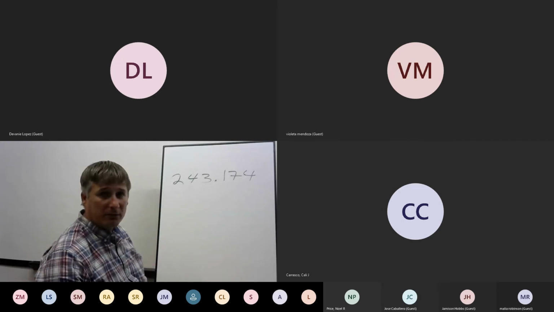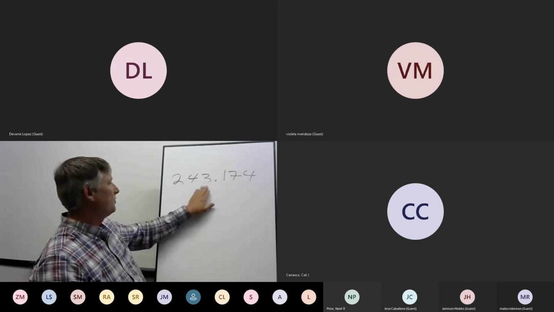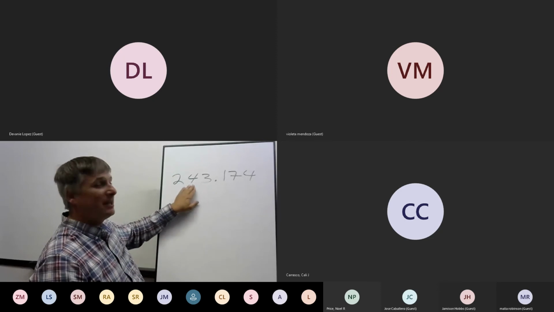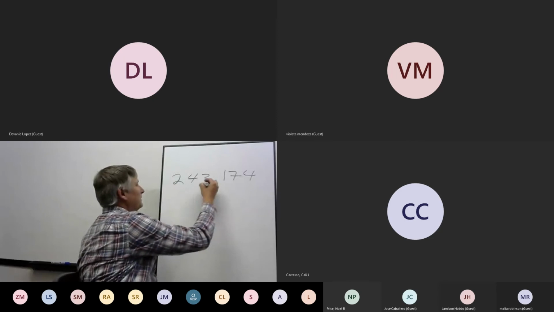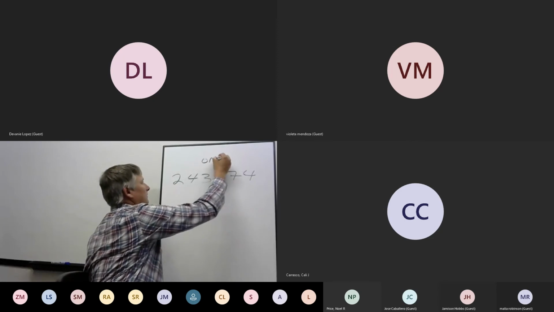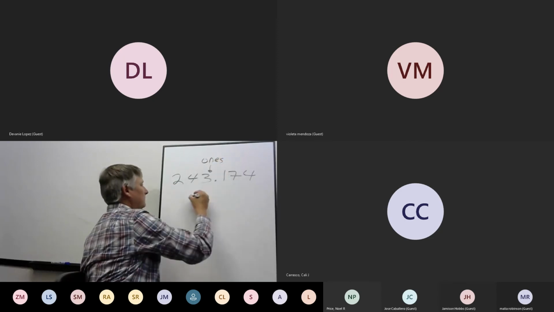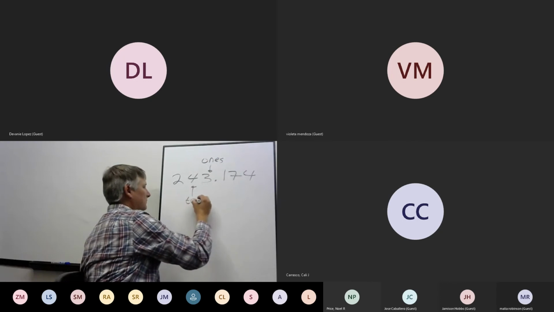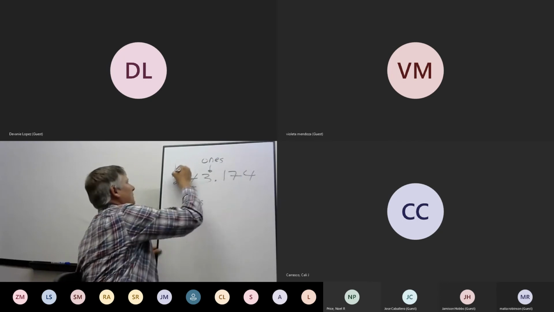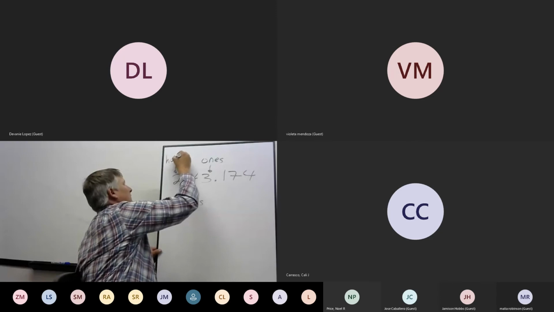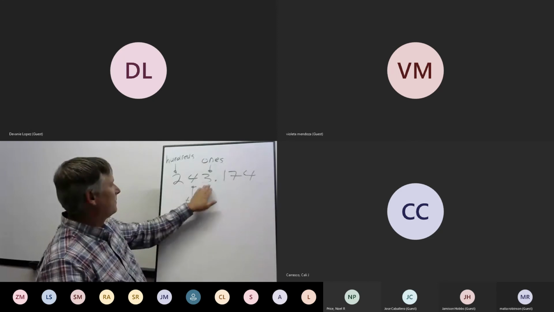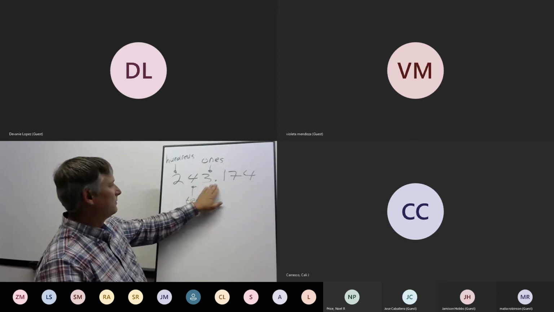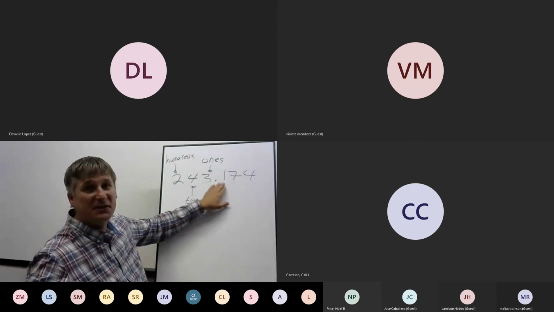Now, you might recall from last time that this is called the 1s, this is the 10s, and this is the hundreds. Now, the decimal, to the right of it, we get what's called the tenths.